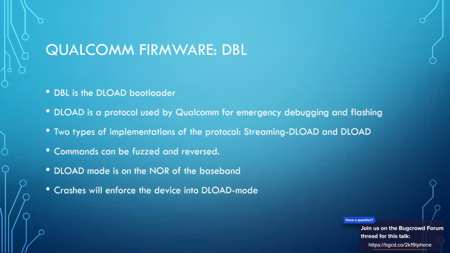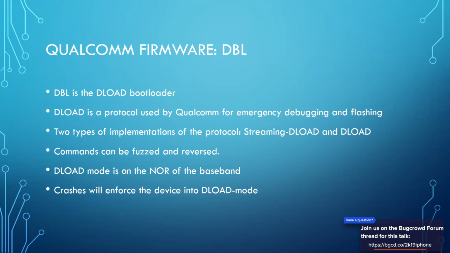The device bootloader implements DLOAD, which is a protocol used by Qualcomm for emergency debugging and flashing. There are two types of implementations of this protocol, streaming DLOAD and DLOAD. But this is amazing because each time the baseband crashes, so you just need to find a way to crash your baseband, the device will enter streaming DLOAD. And this DLOAD accepts commands via high-speed USB that can be fast if you know the command types.